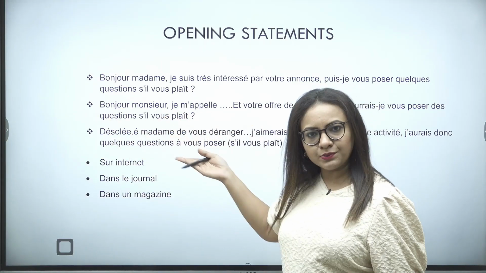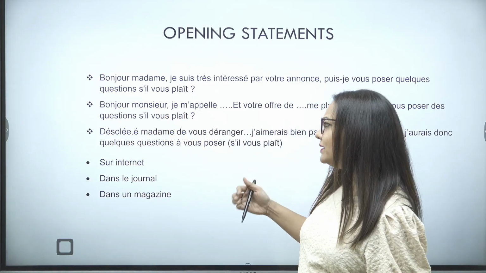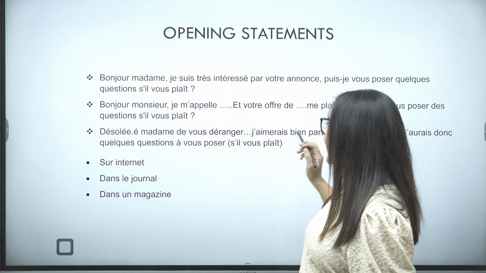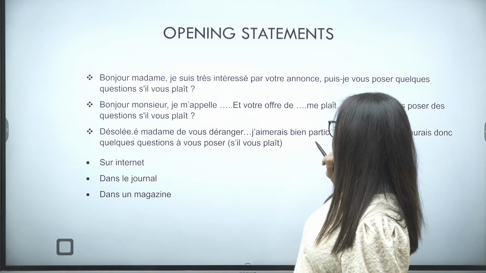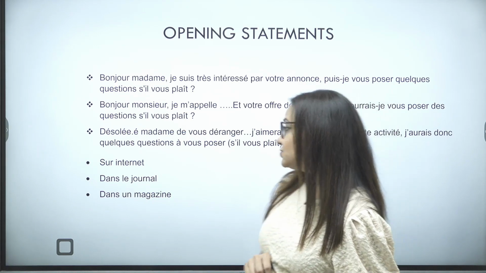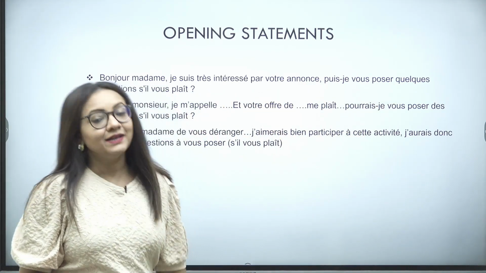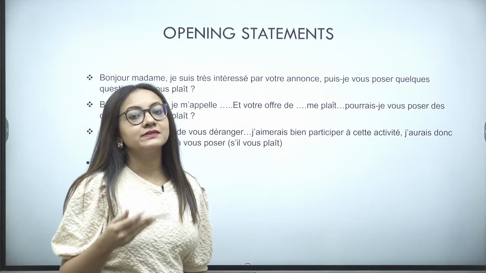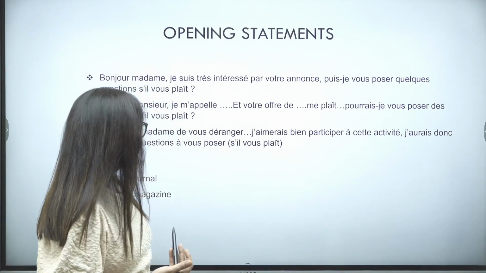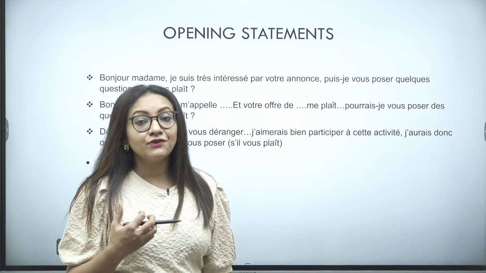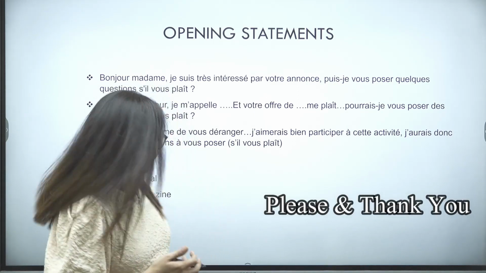I would go for the third one because I really like it a lot. Désolé mesdames de vous déranger, j'aimerais bien participer à cette activité, j'aurais donc quelques questions à vous poser s'il vous plaît. Please don't forget the s'il vous plaît, because yes indeed we need a lot of pleases and thank yous here.